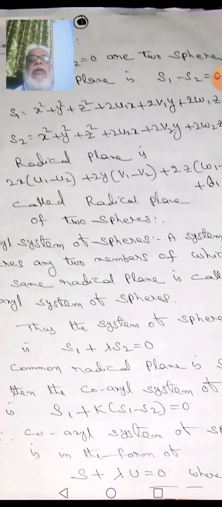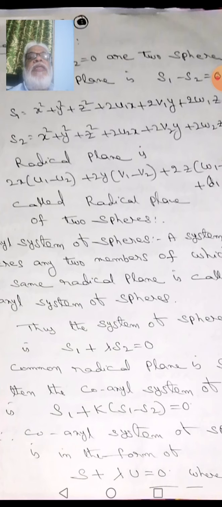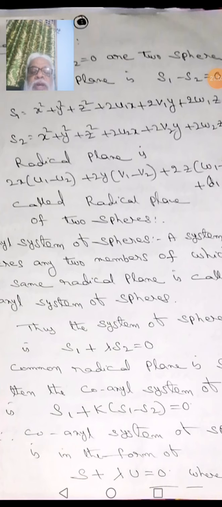One sphere equation plus some constant times the plane equation is called the coaxial system of spheres, in the form S plus lambda U = 0, where S may be S1 or S2, whichever, but lambda is the constant which we have to find. To find the value of lambda, some conditions are given. So finally the coaxial system of the sphere is S plus lambda U = 0.